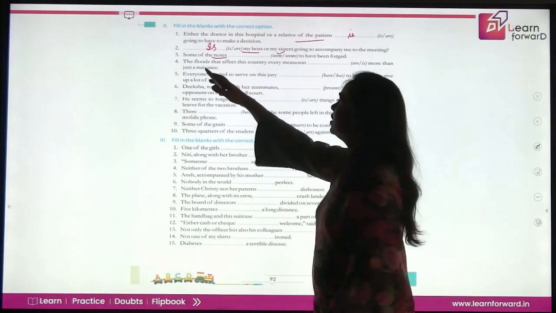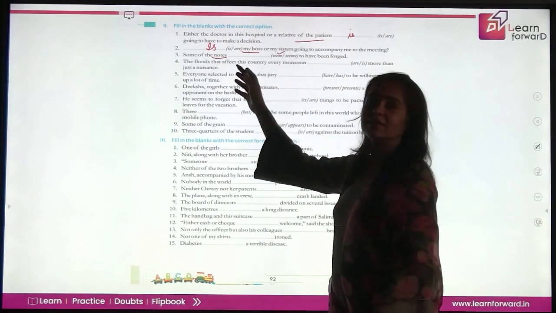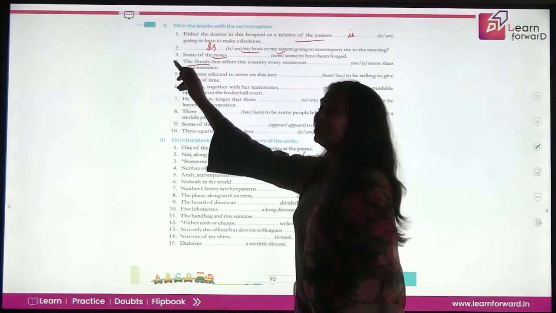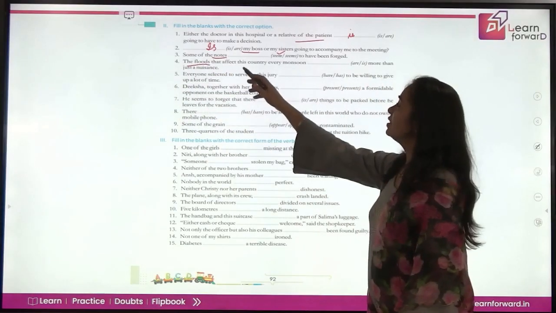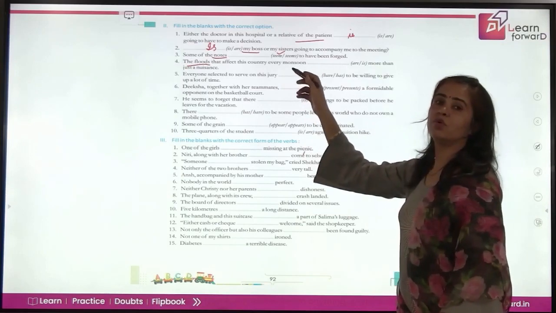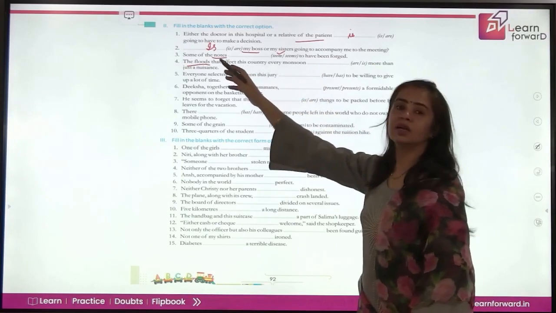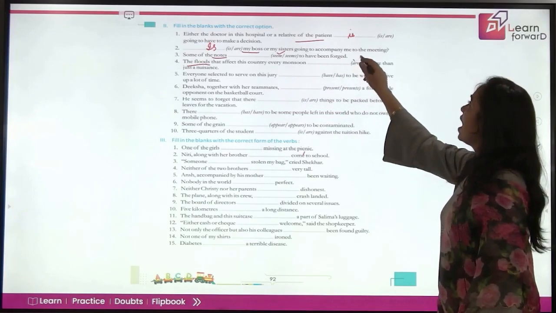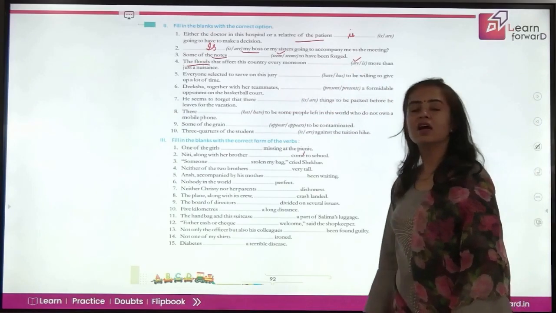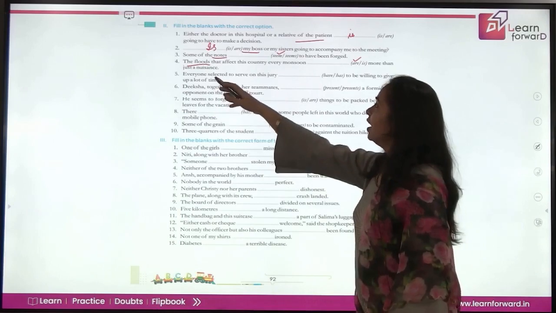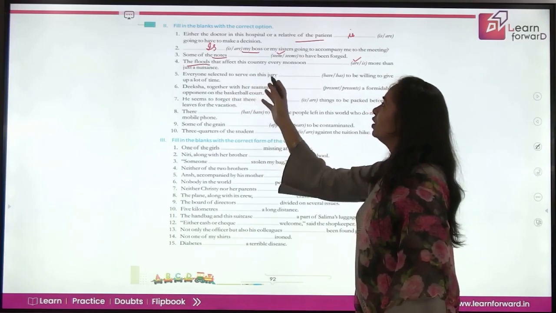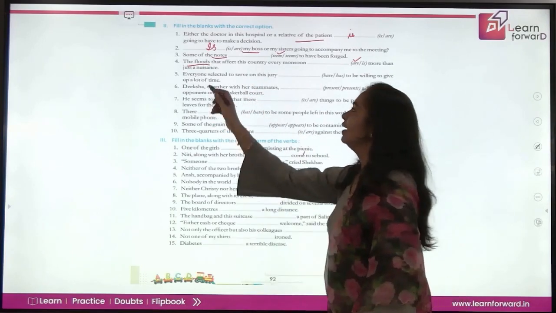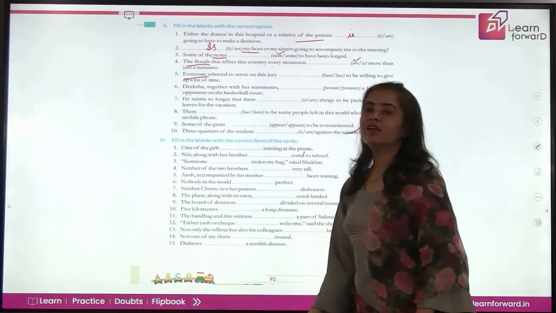Next, the floods that affect this country. So we are talking about floods, isn't it? The floods that affect this country every monsoon. We are not talking about country, we are talking about floods, which is plural. So the floods are more than just a nuisance. Next, everyone selected to serve on this jury. Everyone takes a singular verb.